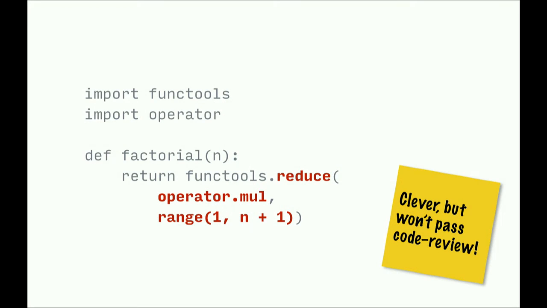Since Python 3, reduce moved into functools, but previously it was a built-in. And this works, and this is reasonably clever, but where I work, and certainly if I was code reviewing, you'd be getting a thumbs down on that one, or a nice suggestion: would you mind changing this to a for loop?